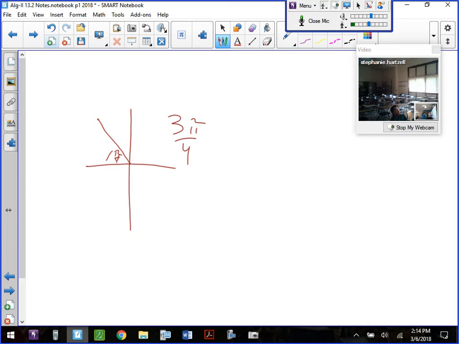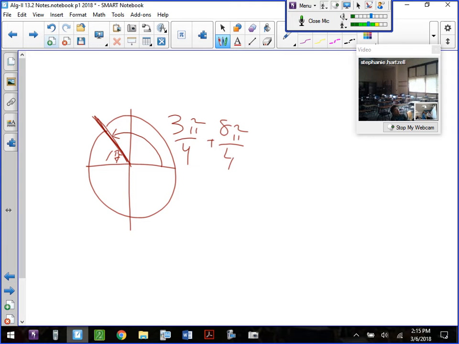Okay. So if I came to here, to get back to this spot, what would I have to add to get back to that same spot? To go from here to here, what do I have to add? 2 pi. Okay, so if I add 2 pi to this, if I want to get a denominator of 4 and have a numerator that it equals, there you go.